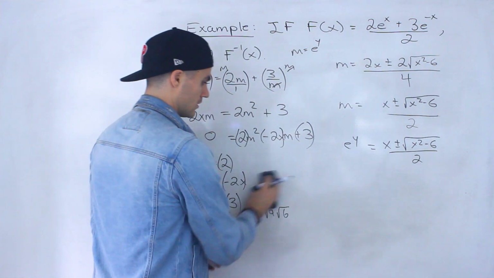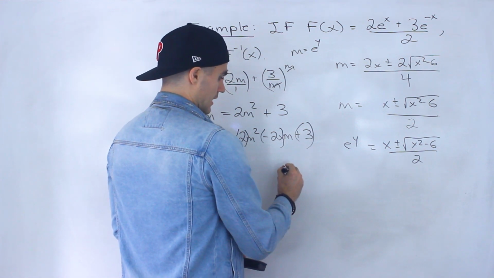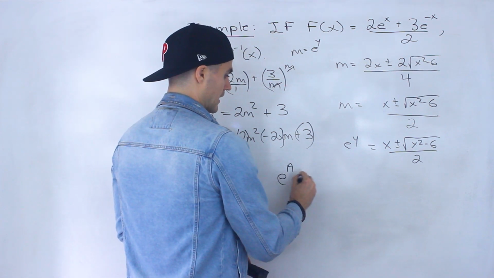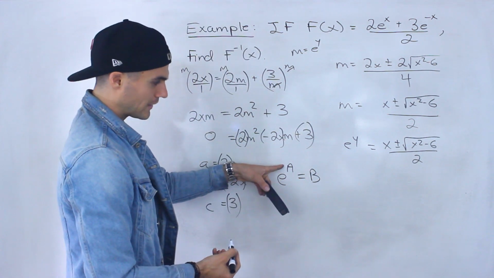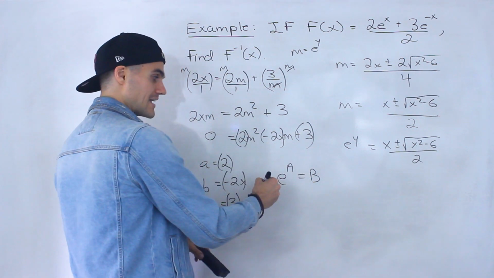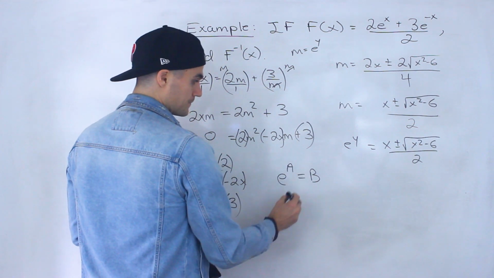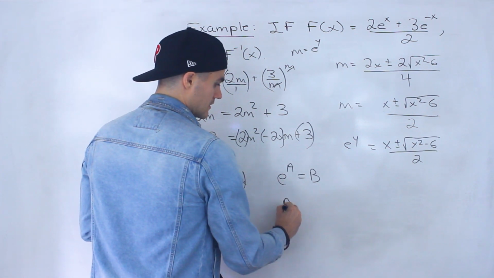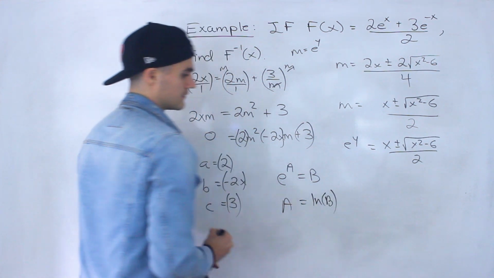Well, if you remember your exponent rules and log rules, if I got e to the power of some kind of expression, equal to another expression, and I want to isolate for this a here, what I can do is ln both sides, bring the a down. ln of e is just 1. And so basically, if I got this and I want to isolate for a, it's just equal to ln of b. Like that.